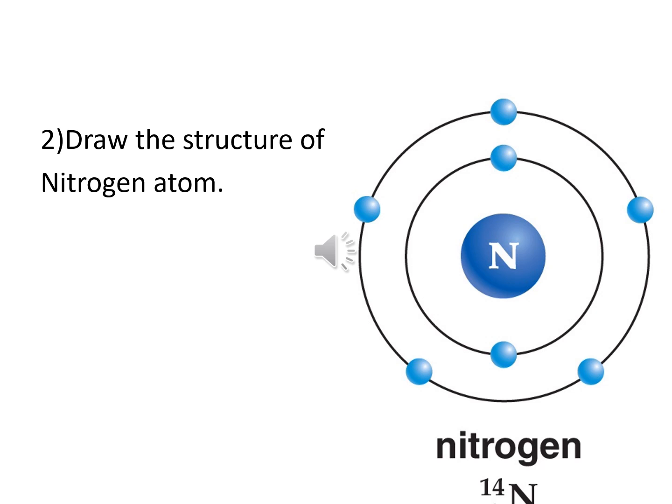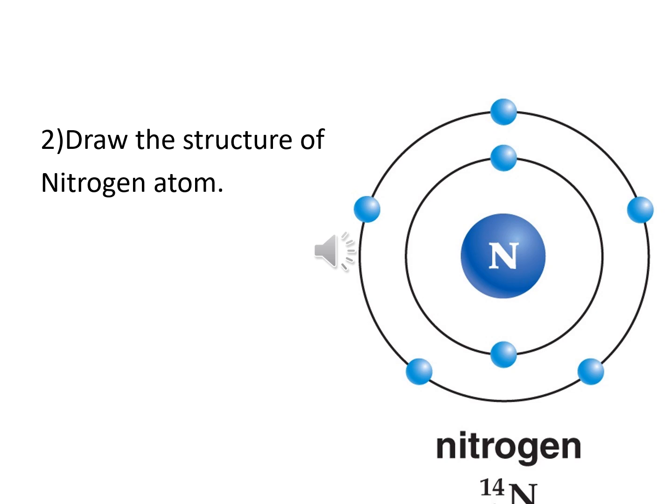Nitrogen, the atomic number is 7. Yes, the atomic number is 7, and the atomic number is written as subscript. Then mass number is equal to number of protons plus number of neutrons.